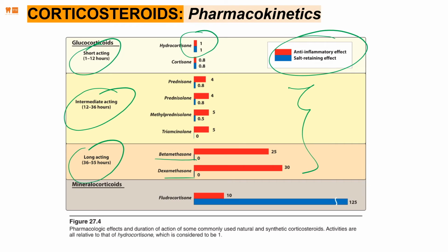Hydrocortisone has equal anti-inflammatory and salt-retaining properties, whereas prednisone and prednisolone are 4 times. Methylprednisolone is 5 times. Triamcinolone is 5 times. But if you look at the mineralocorticoid, fludrocortisone has some glucocorticoid anti-inflammatory activity, but extremely high mineralocorticoid salt-retaining property.